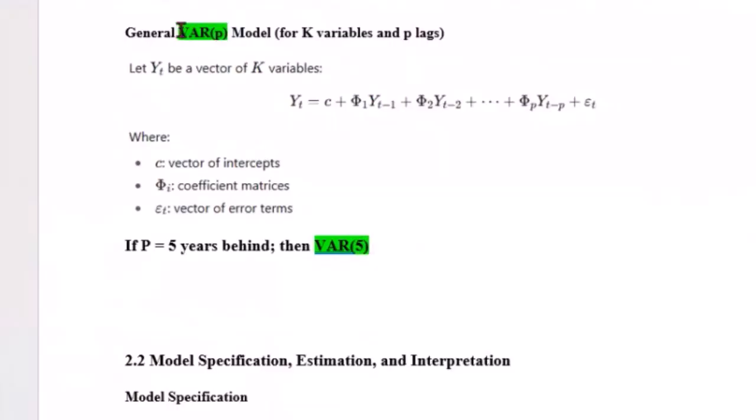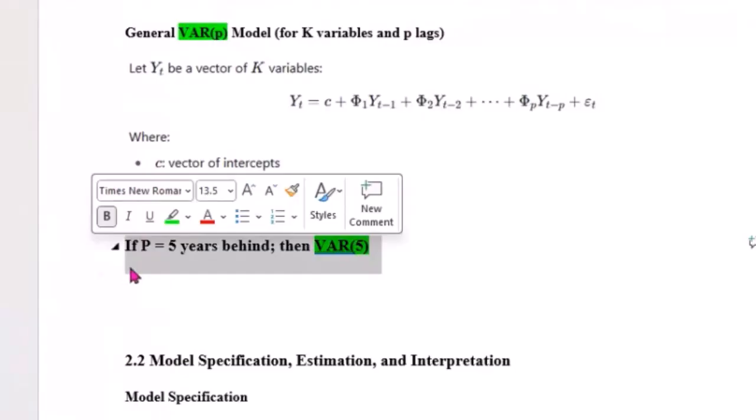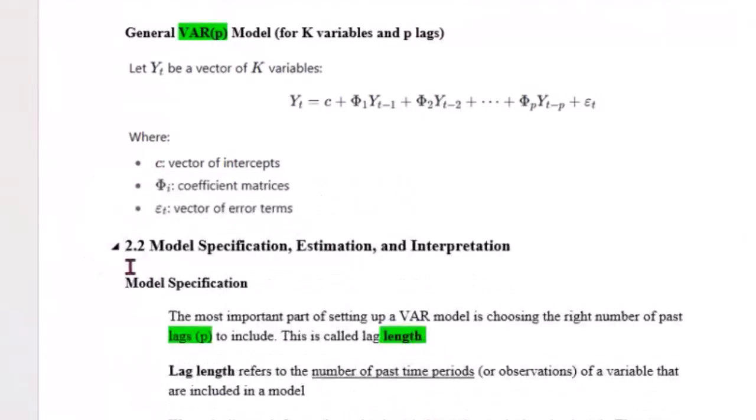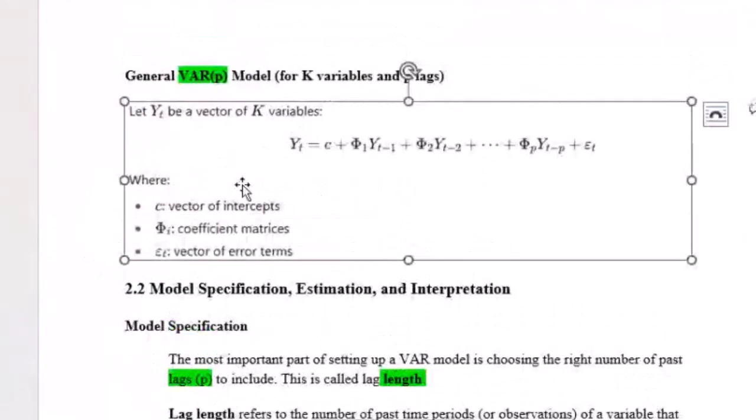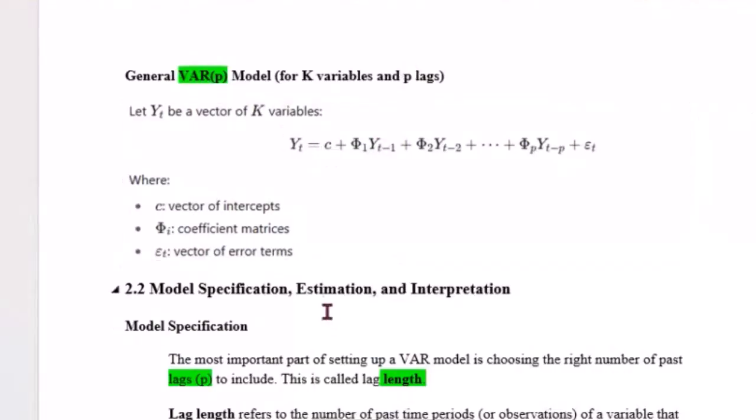That's why it is written like this: VAR in bracket P. So this is the general representation of a VAR model in case we have one variable. So now we understand what a VAR model is and how it is presented.